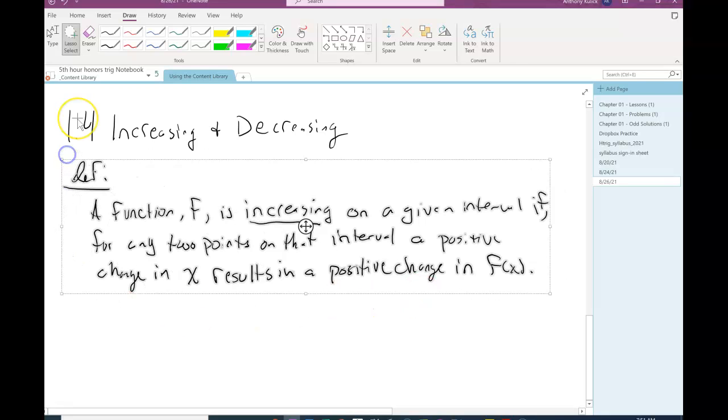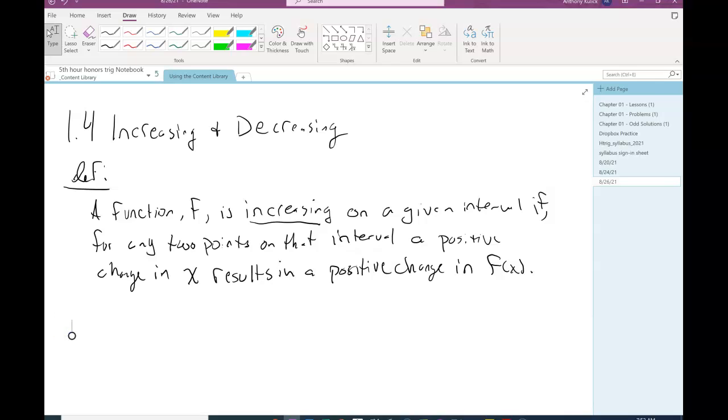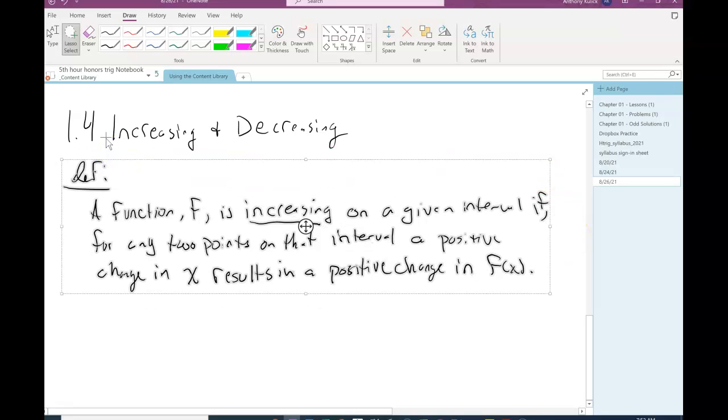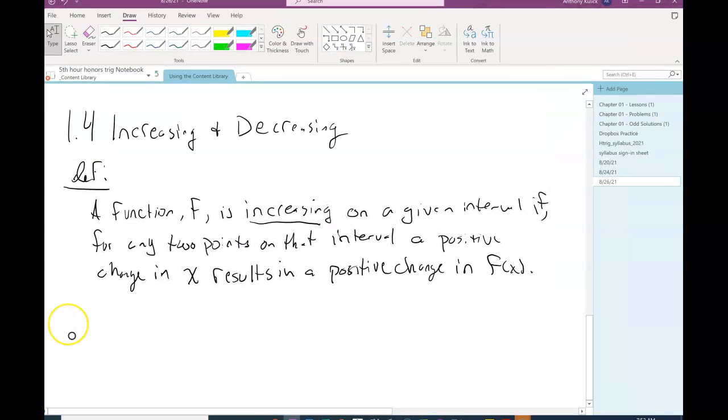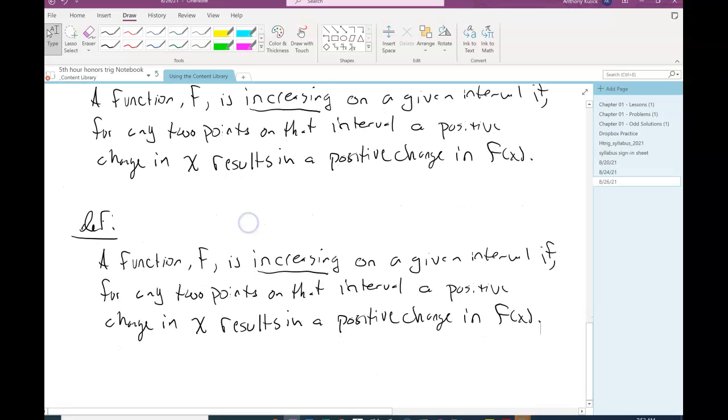And we'll do some visual examples here in a moment to really hammer this point home and get a little bit better picture of what this definition is really saying. We have two more definitions real quick that are almost identical wording, so I'm going to do a little bit of copying and pasting and editing.